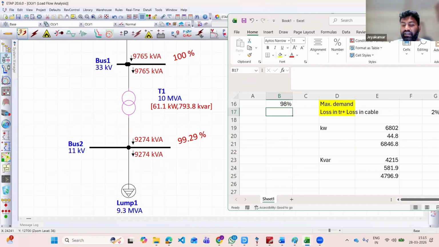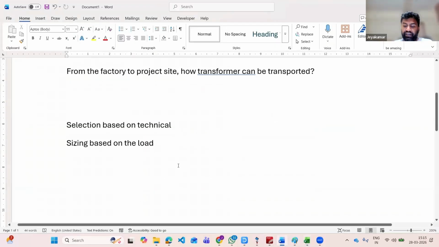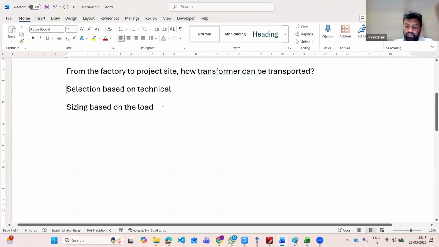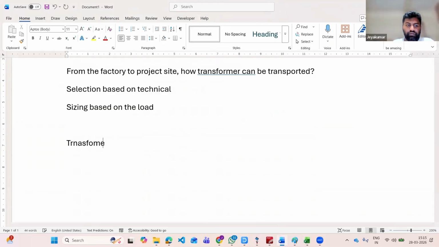So generally, typically the transformer rating, actually during the design stage, transformer loading can be like 80%.